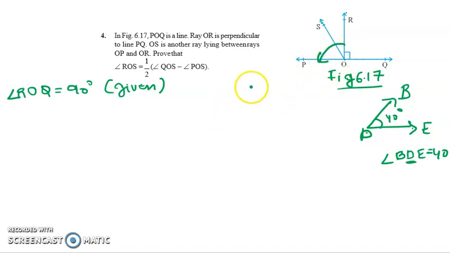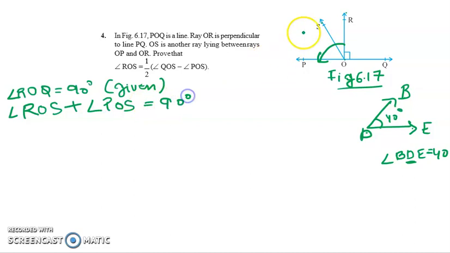This whole means what? Angle ROS plus angle POS is equal to 90 degree.